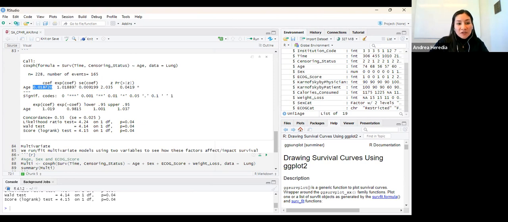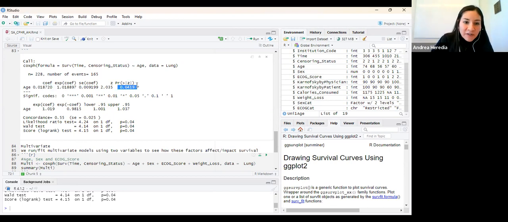And this will also be interpreted as our betas. When we look at our regression coefficient, what truly matters is whether it's positive or negative. In this case, it is positive, meaning that age, or in this case being older, increases your chances of death, right?